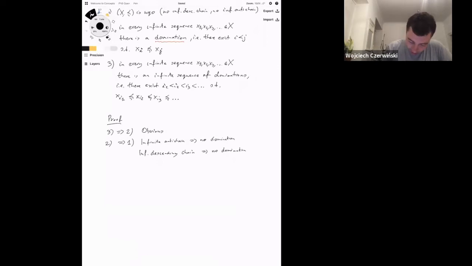So the interesting implication is the one which closes the cycle of implications, from 1 to 3. If you have from 3 to 1, from 2 to 1, and from 1 to 3, then you finalize the proof of this lemma.